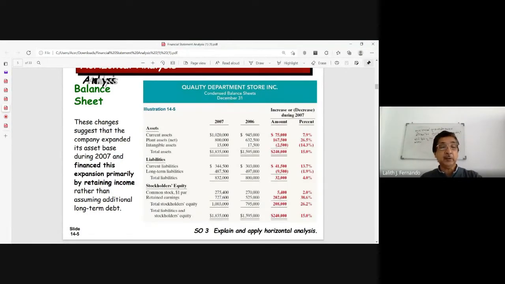I think you understand what I am saying, no? You need to write how you are going to justify these comments through the figures from this horizontal analysis.